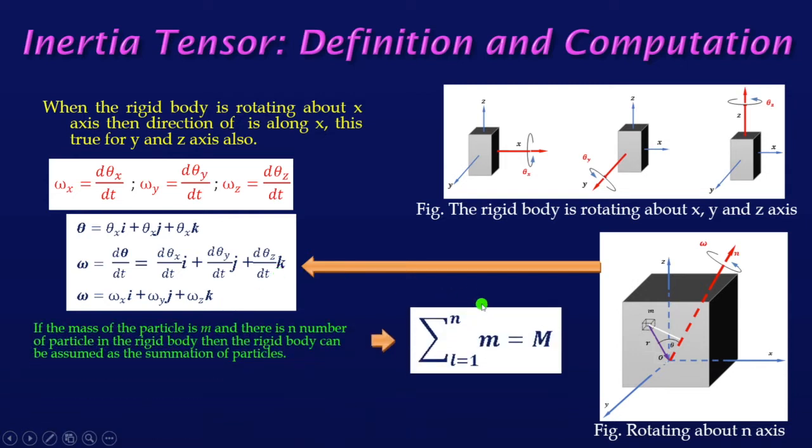And I have already told you that the total mass, capital M, is the summation of all the particles, that is the sum over l equals 1 to n if n particles are there. We can also write that capital M equals the integration of m.